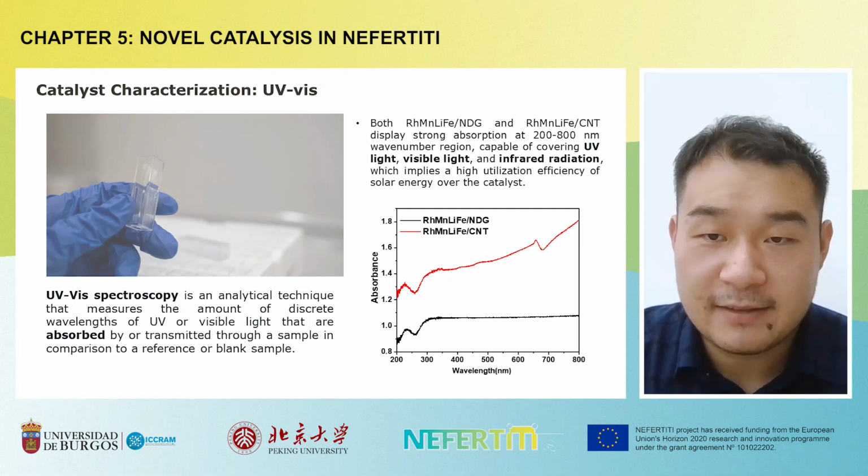Both catalysts are black in nature, and they display strong absorption in the 200 to 800 wavelength region, demonstrating that they are capable of converting UV light, visible light, and infrared radiation, implying a high utilization efficiency of solar energy over the catalyst.